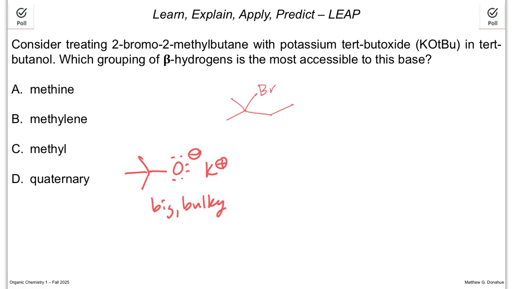So our starting material we're going to treat with potassium tert butoxide. That's a big bulky base. So which grouping of beta hydrogens is the most accessible to that?